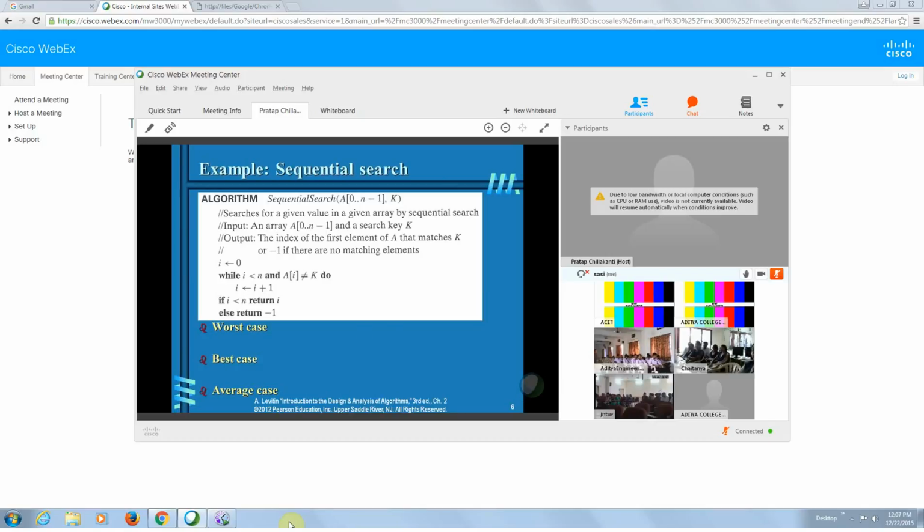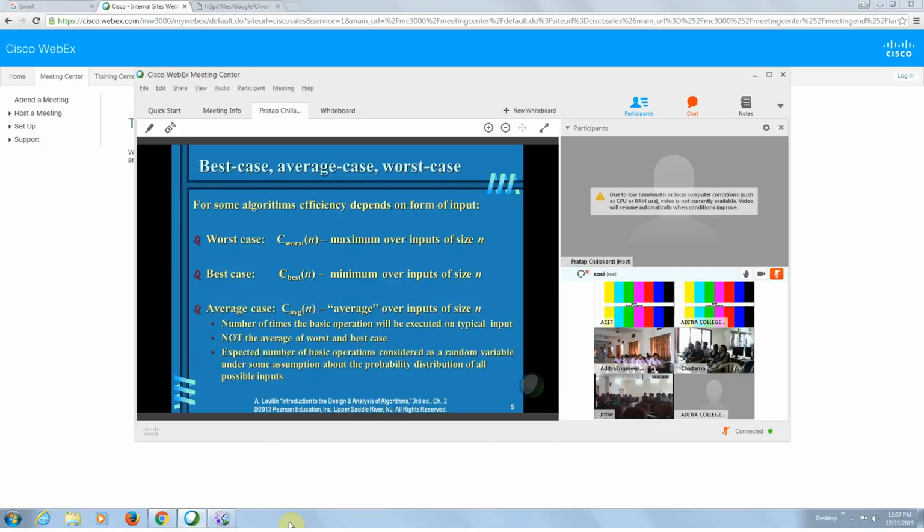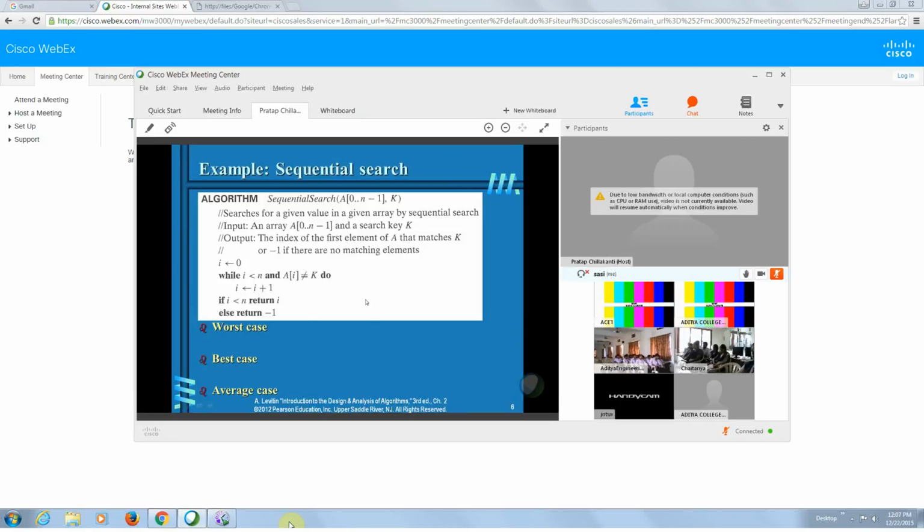To help you with that, I'll go back here. Maximum over inputs of size n, right? So the worst case should be, what is the worst case? Is the worst case n here? Yes or no? Nth element.